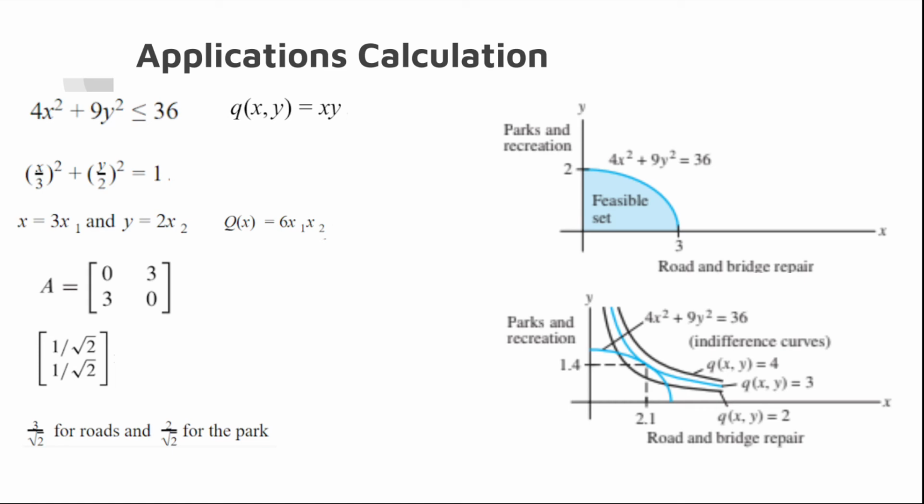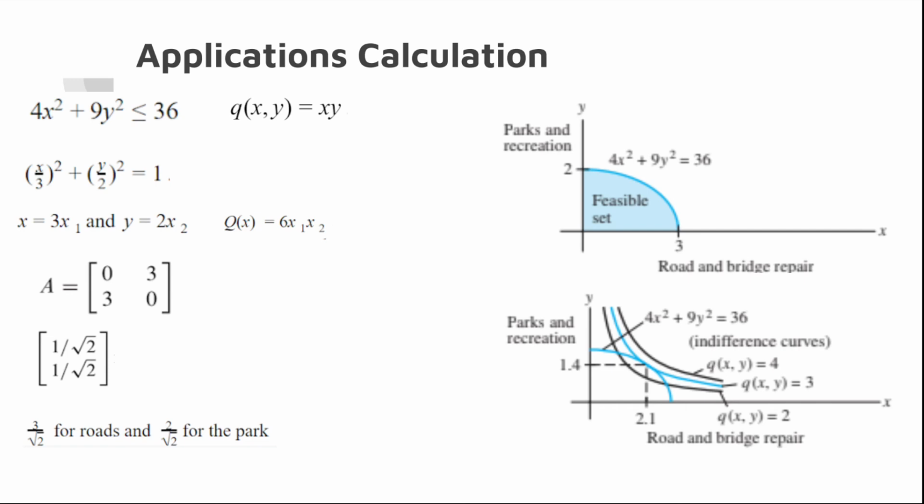Now we can plug this into the utility function, giving us 6 times x1 times x2. This is now our quadratic function that we learned earlier. And we can maximize this with q of x equals 6 x1 x2, and the matrix is 0, 3, 3, 0. And the eigenvalues are 3 and -3. I didn't put the eigenvalue calculations on the screen because I'm sure we know how to do that already.